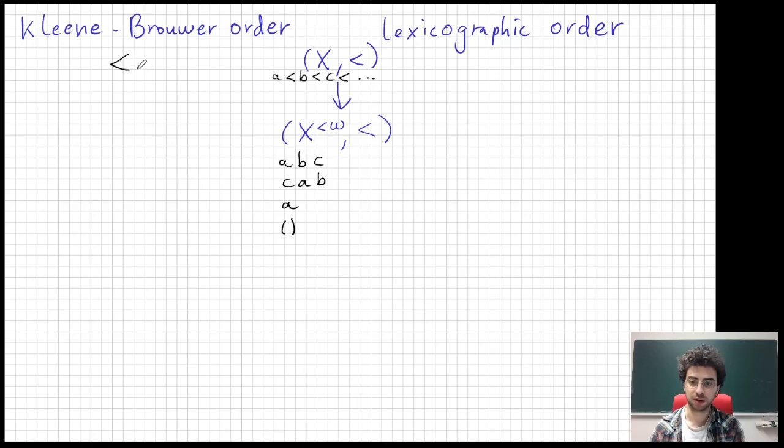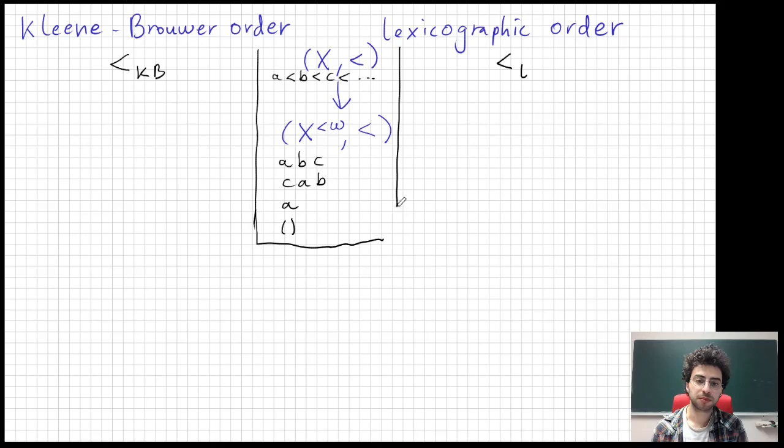And I'm going to denote this one KB, denote this one L, but sometimes I might forget it, and then you better just understand from context what it means. So the lexicographic order does this in the same way that is done in a dictionary. So a dictionary orders words alphabetically, and what does that mean?